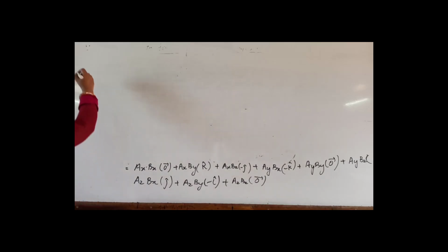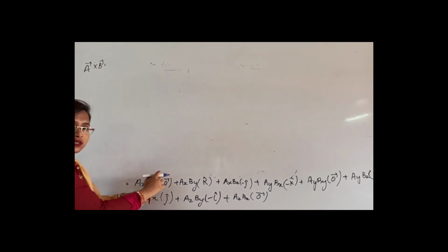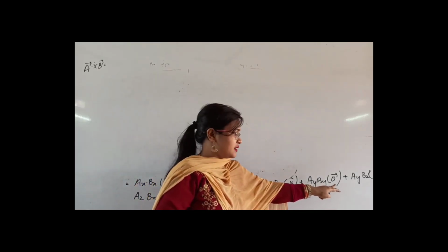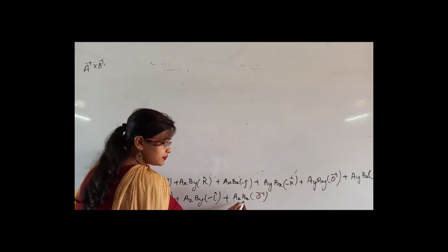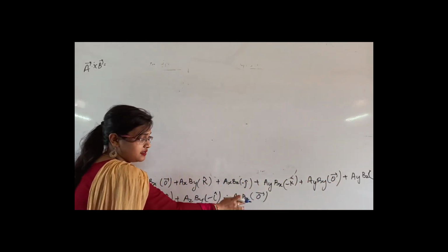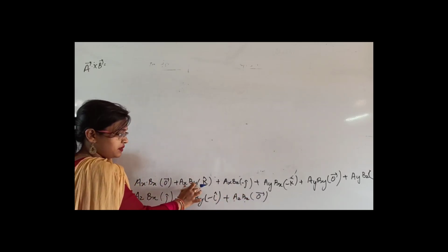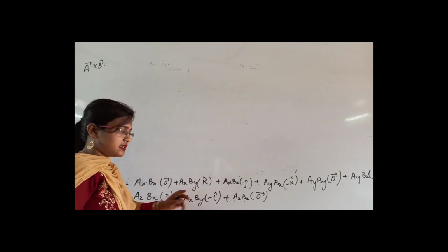Now let us continue solving a cross b. We know, see, ax bx 0, this term got cancelled. Again, ay by, the 0 vector, this term again got cancelled. And az bz, 0 vector, this term again got cancelled. Now the remaining terms, ax by k cap, ax bz minus j cap, we will try to rearrange all this. Clear?